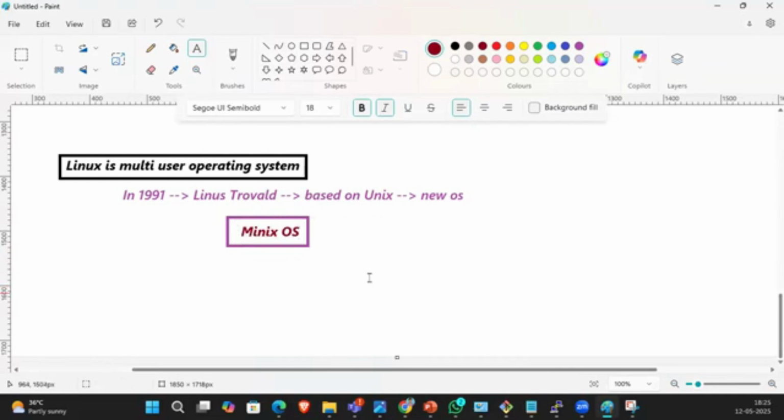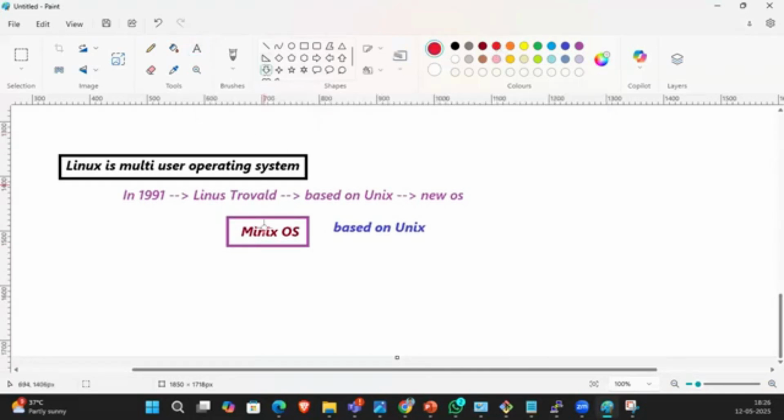Minix had some drawbacks, for example there was no network. He overcame those drawbacks and created a new OS.